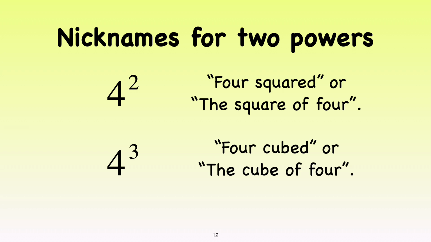This is 4 raised to the second power and 4 raised to the third power. Or we could say 4 to the second and 4 to the third. We have a nickname for these two particular exponents. 4 with an exponent of 2 can be read as 4 squared, or the square of 4. 4 with an exponent of 3 can be read as 4 cubed, or the cube of 4.